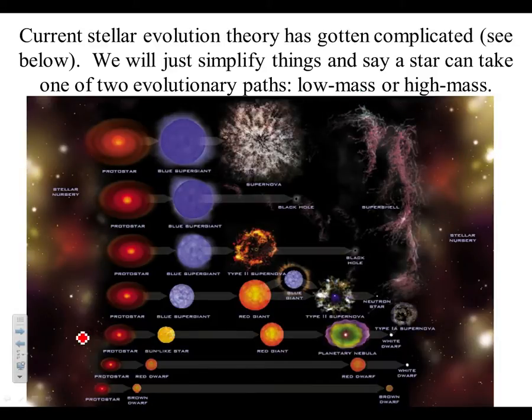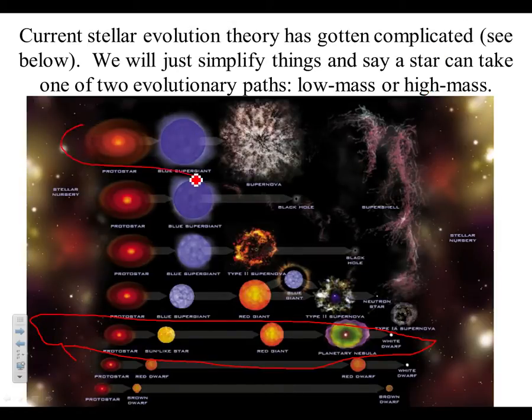The path that we're going to take is this one. Basically it's the path we think our sun is taking. Then the high mass path we're going to take is kind of like this. We're going to take kind of a really high mass one. And like I said, just realize that many other things can happen along the way. This is our best guess now as to what happens, and it can certainly change in the future.